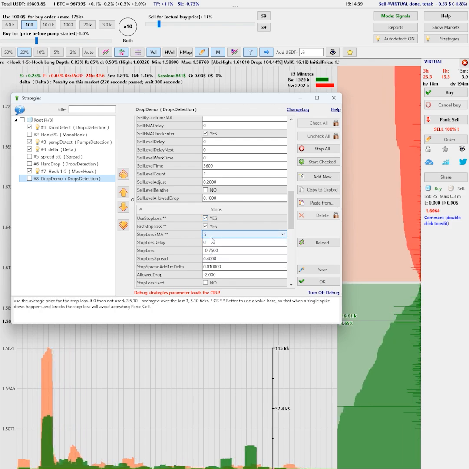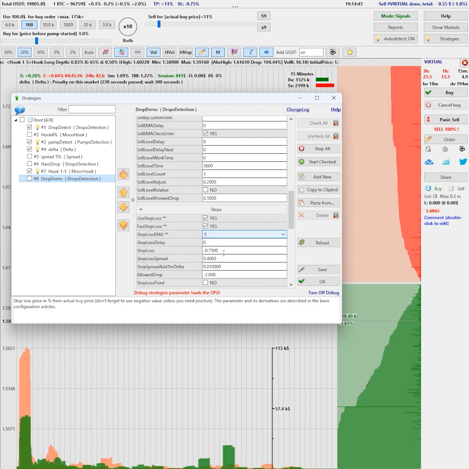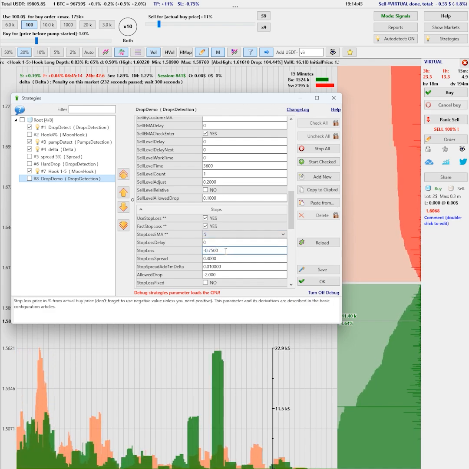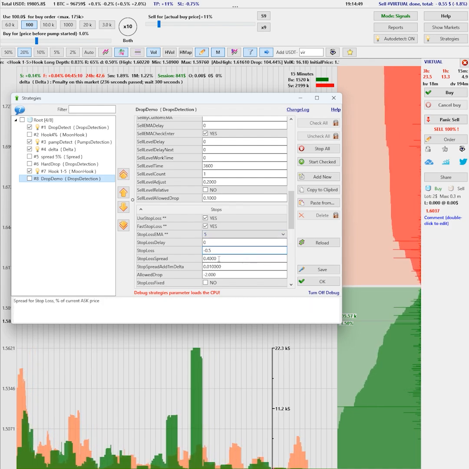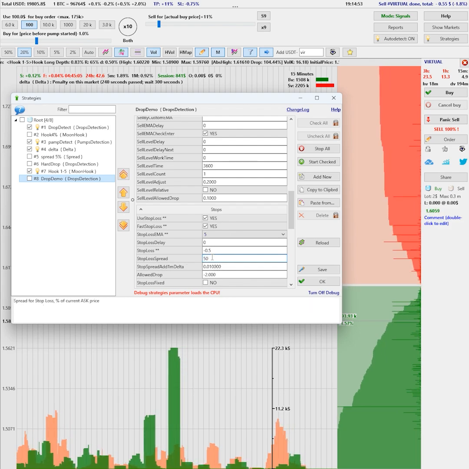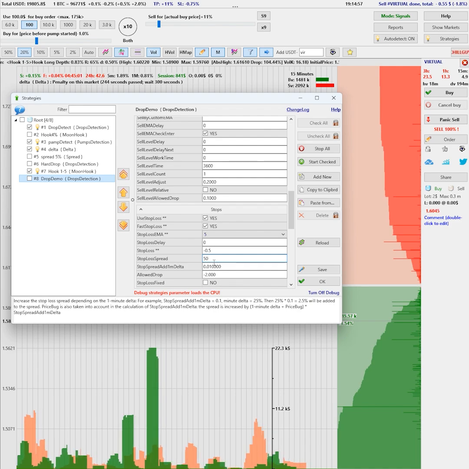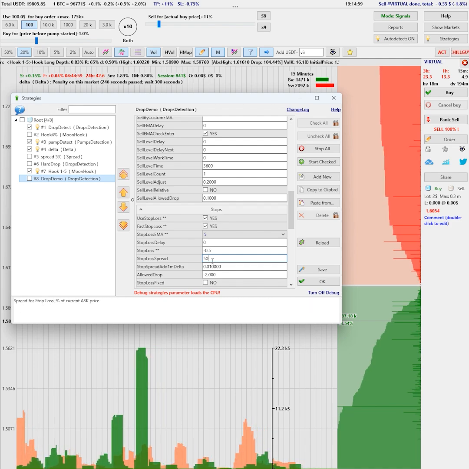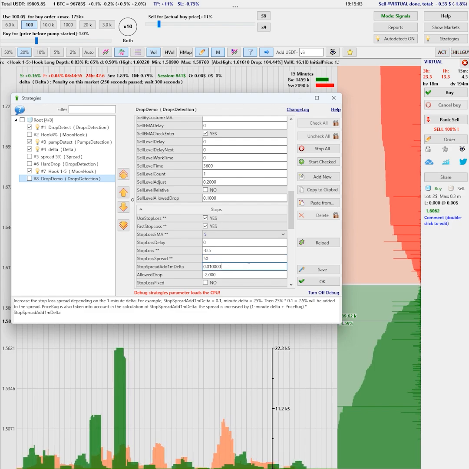So let's say over the last 5 trades, the stop loss is going to be a negative 0.5. Stop loss spread. I suggest you do something absurd, because if the price moves too fast through your stop loss, it will not be triggered. But if you do something crazy like this, it will definitely be triggered.